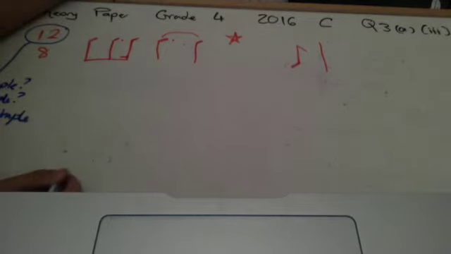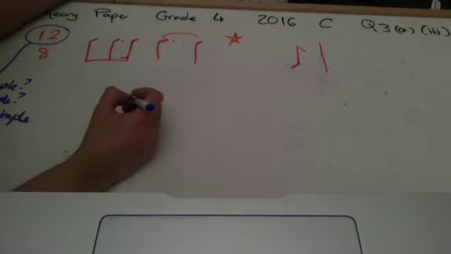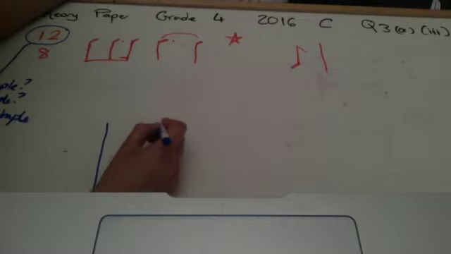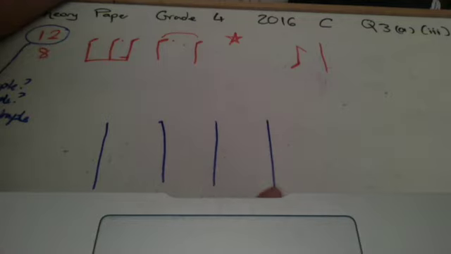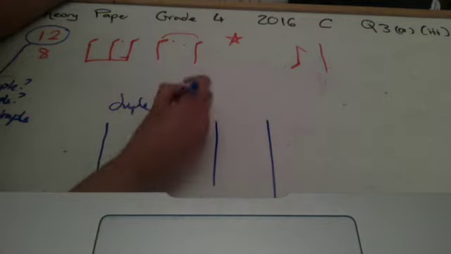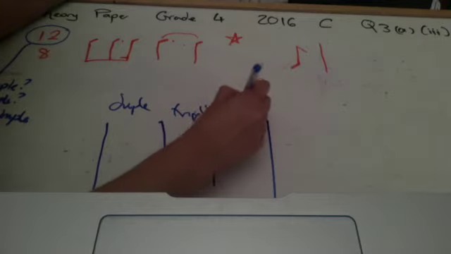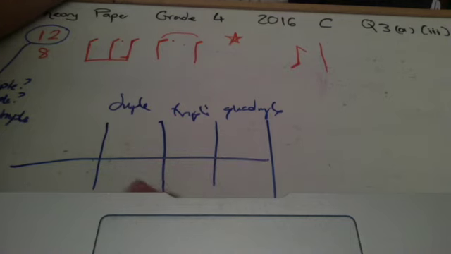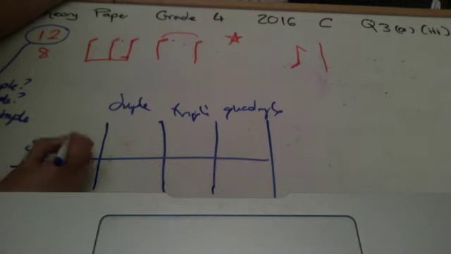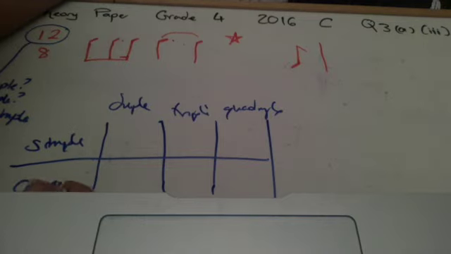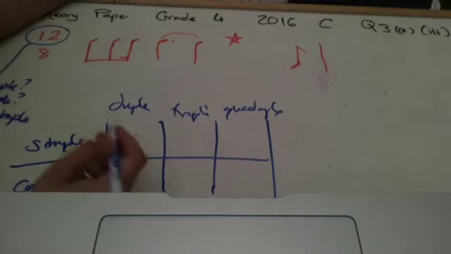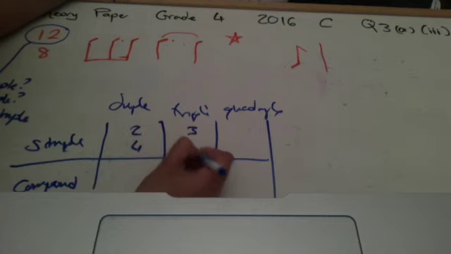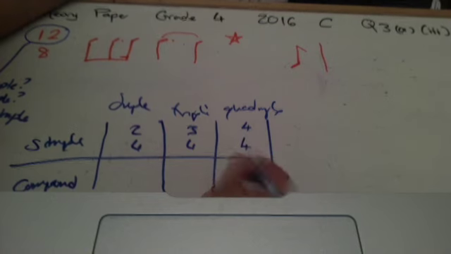What we can do is make up a chart to take a look at that. As we do that down here, we can see that some are duple, some are triple, and some are quadruple, and some are simple, and some are compound. So in grade 1, you learned about 2/4, 3/4, and 4/4, and they were all simple.